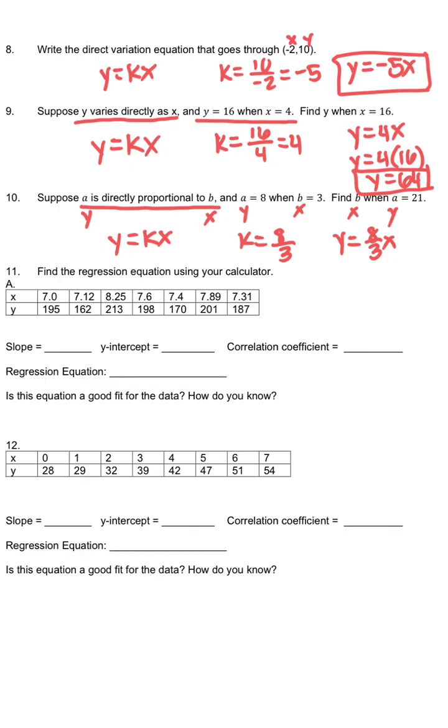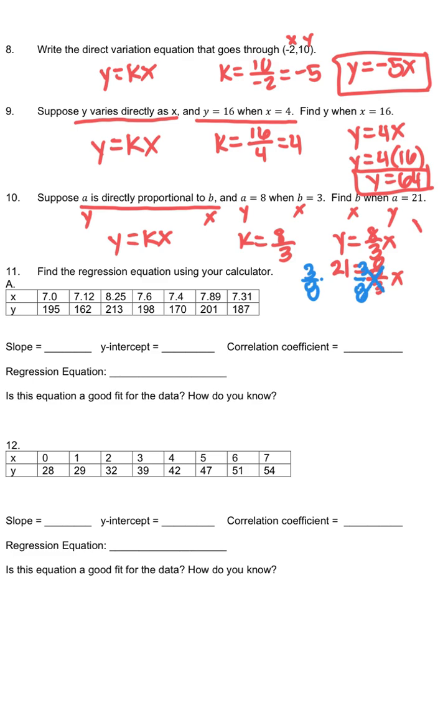And in this one, we have A equals 21, which means our y is 21 equals 8 over 3 x. So let's go ahead and get rid of that fraction there. So we multiply by the reciprocal, 3 over 8. And we end up with kind of a big number, but that's okay.